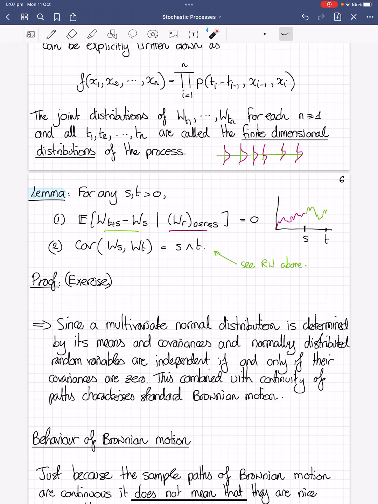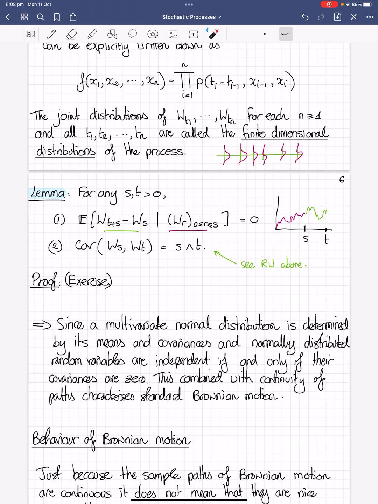This is a very special property of normal and multivariate normal distributions. This, combined with the continuity of the paths, basically characterizes the standard Brownian motion. So the fact that this process has normally distributed increments and continuity of paths makes the Brownian motion very special.